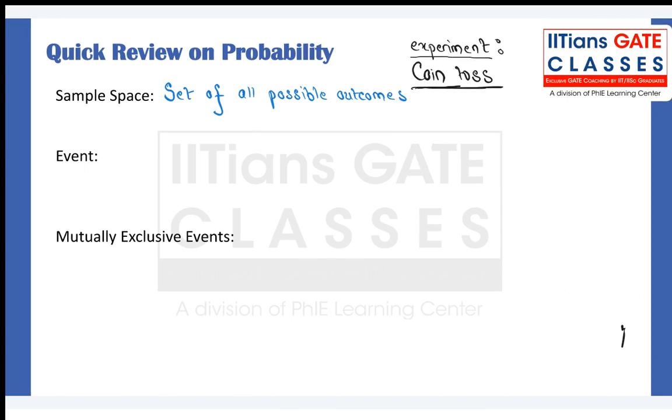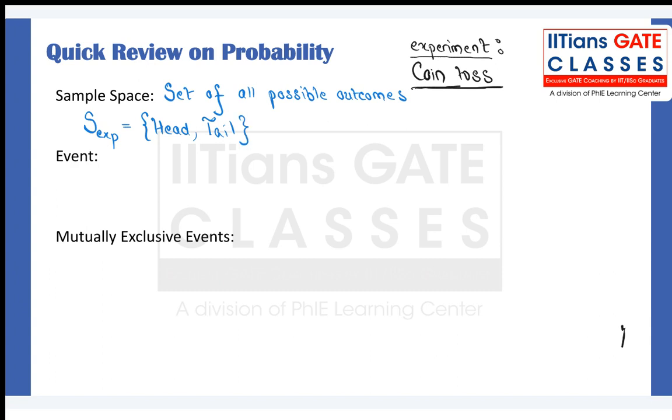Let's call it S of the experiment. If you toss a coin, what can be the possible outcomes? Either it could be a head or a tail, right? Head or tail.